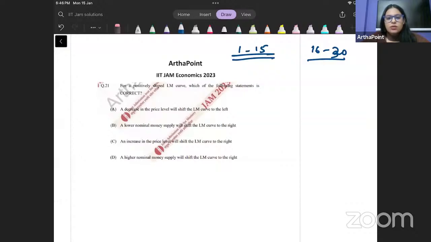This says, for a positively sloped LM curve, which of the following statements is correct? It asks what happens when there is an increase or decrease in the price level. That's the first option.